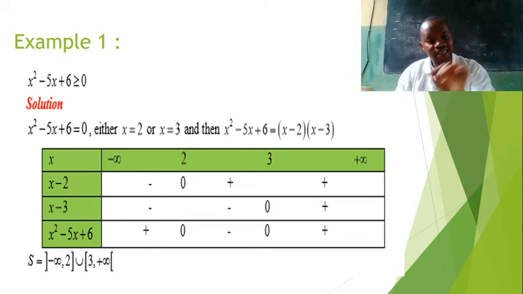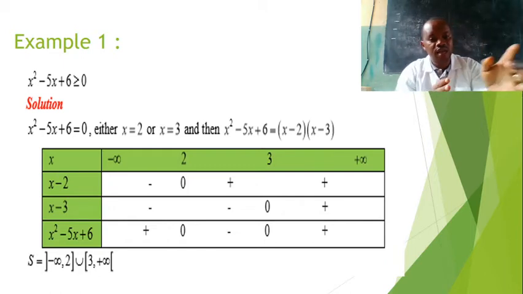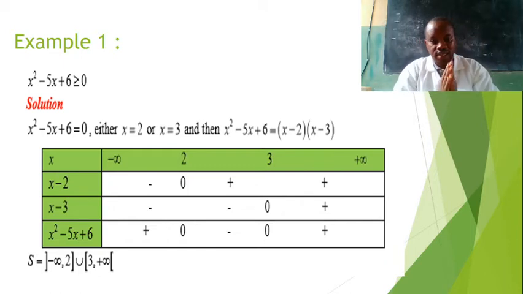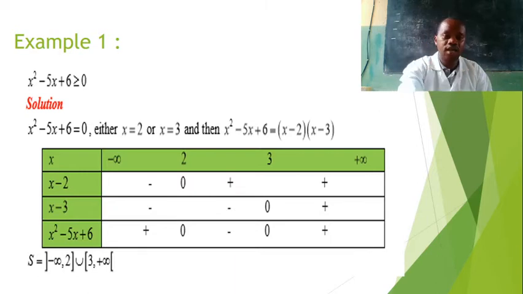If you take 3, you replace x by 3, then 3 minus 2 gives 1. If you take 20 minus 2, you get 18. And you can see that in this case we always get positive answers. That is why in the range between 2 and plus infinity we put positive.